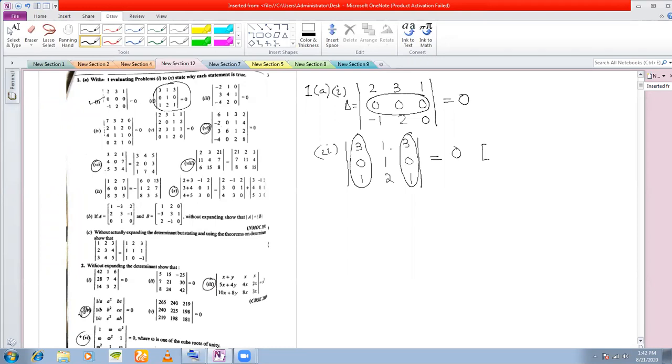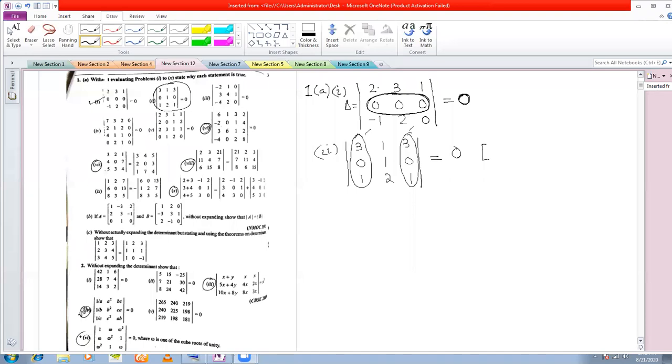If you see the first and the third column, can you explain once more? Look at this, the first one. If you see the second row, all are 0. That means all the minors and cofactors are going to vanish. Yes or no?